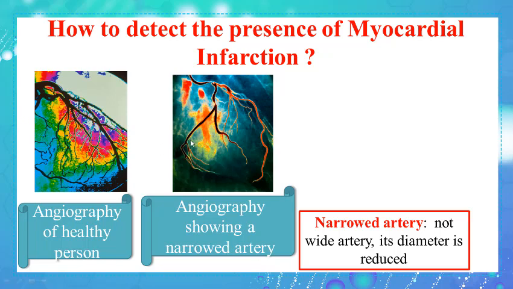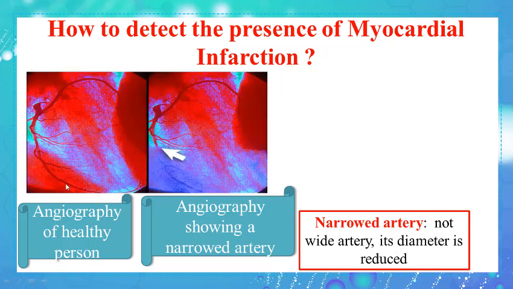This angiography shows a narrowed artery. A narrowed artery means that the artery is not wide, its diameter is reduced. Here, another schematic representation of the arteries. You can see here the narrows because of the presence of blood clot.